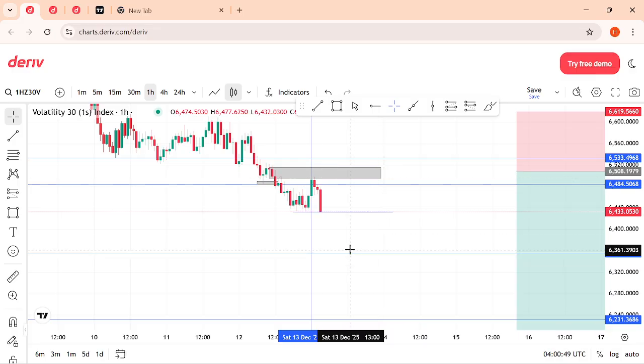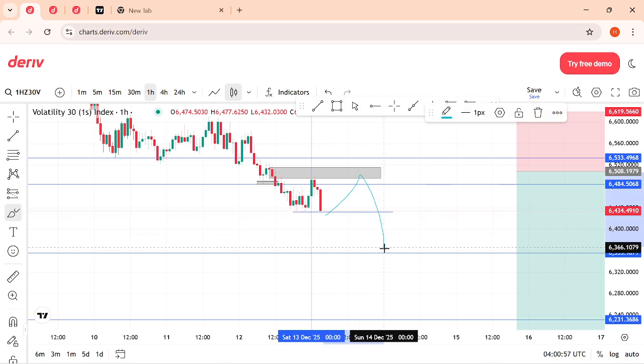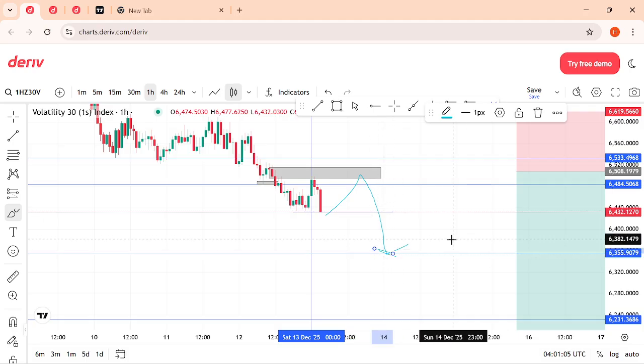So I think that is something you can wait for, which is price taking out this point, then getting back and then giving us a sell to the downside. This is something that will be cool to see.